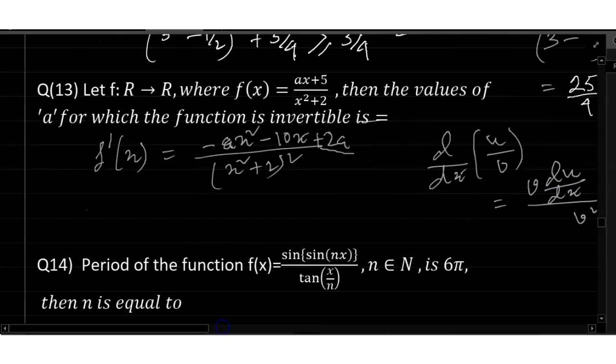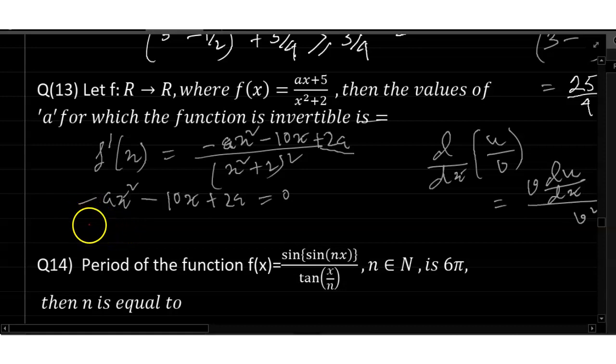So friends, now the equation is minus a x squared minus 10x plus 2a equals 0.